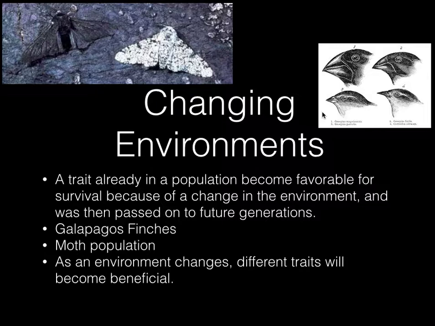And so over time, those beak sizes changed so that populations that could adapt to eat different types of food that was still available could do that. So over time, through generation and generation, those that had the appropriate beak sizes for the food that was available were able to reproduce.